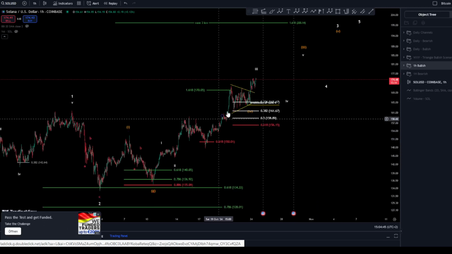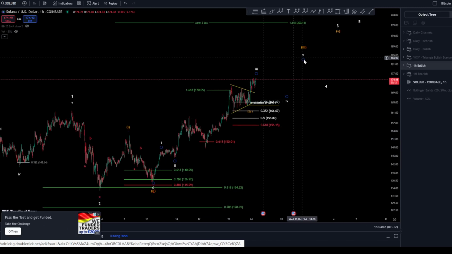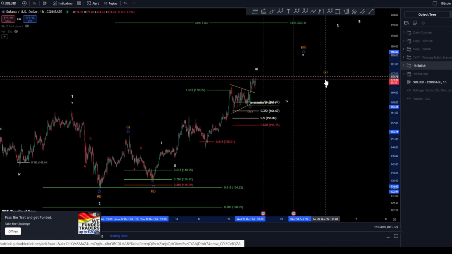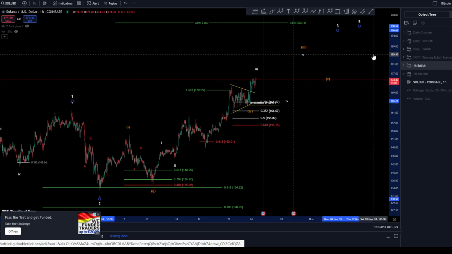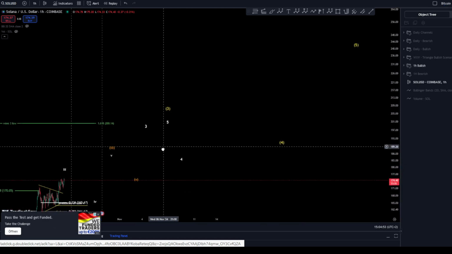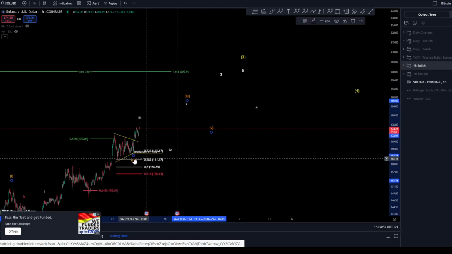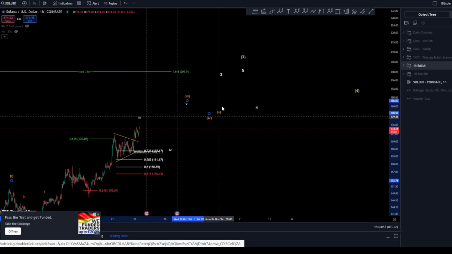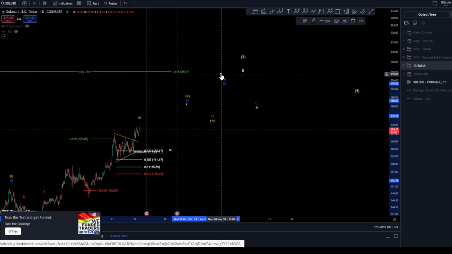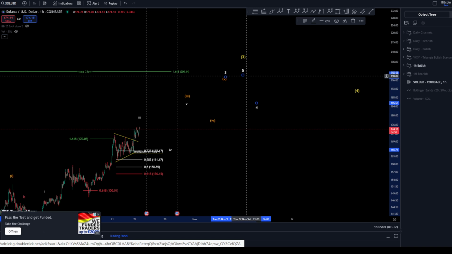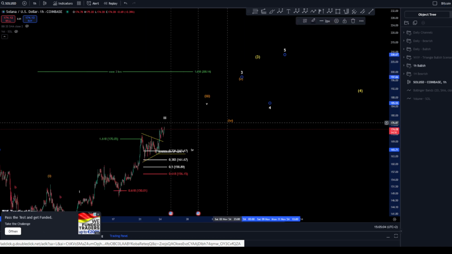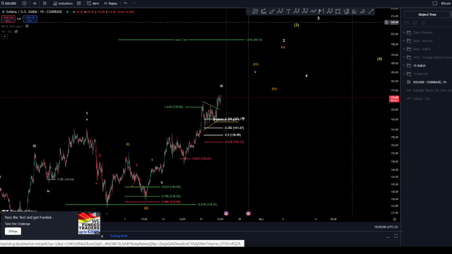So 1, 2, 3, 4, and a 5, and then this will finish a 4 in orange, and the 5 in orange, where is it? The 5 in orange, oh, this is a 5, sorry for the mess. However, here we go, 3, 4, and 5. Okay, the 5 is gonna finish the white scenario, perfect.